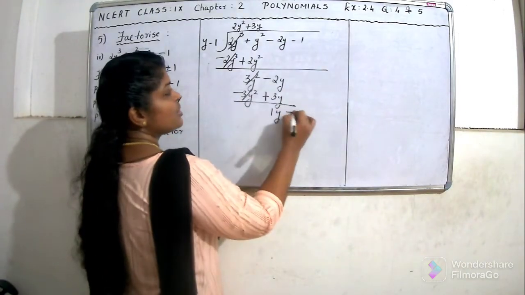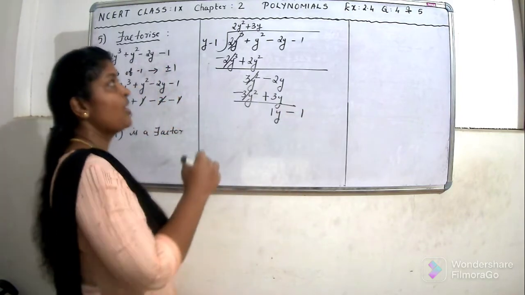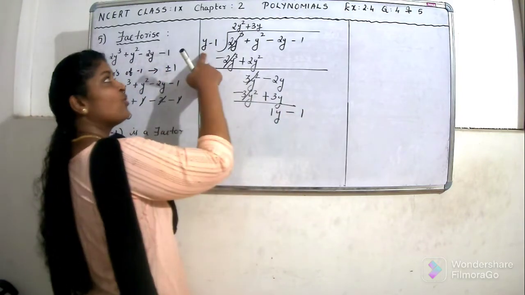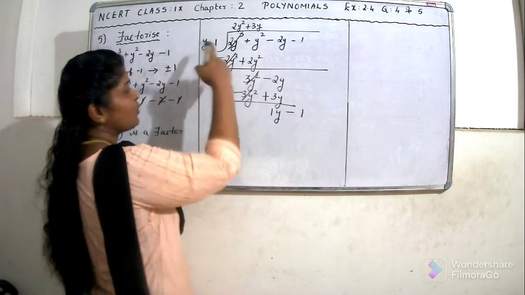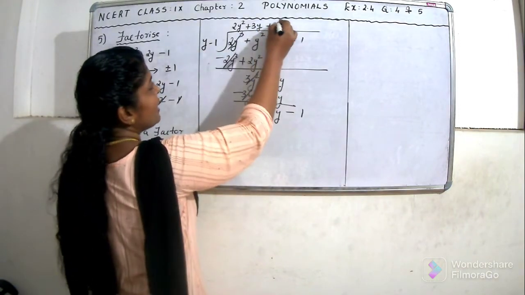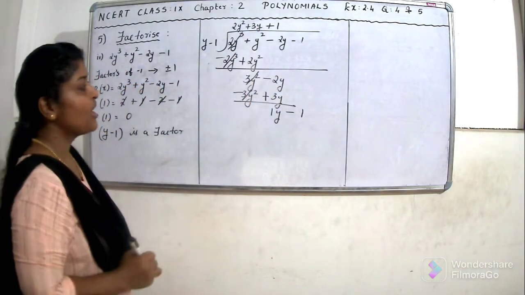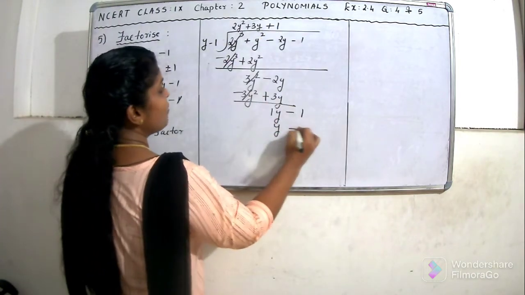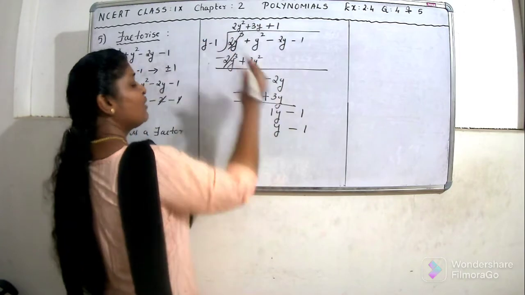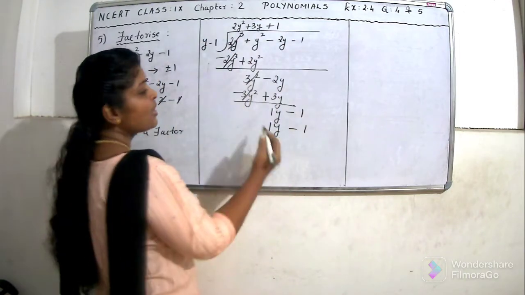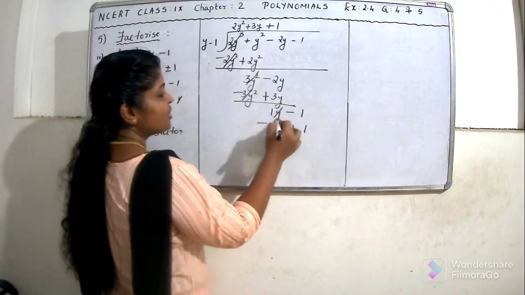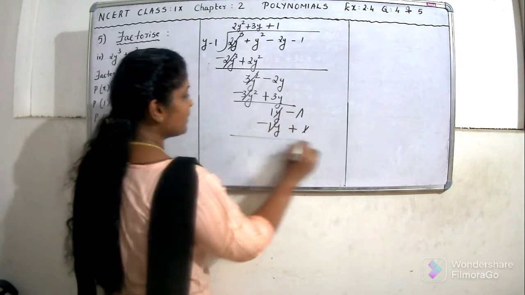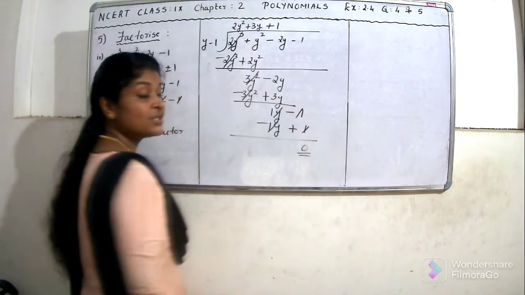Giving the chance to the next number. Okay. Now we have to get 1y. Here already 1y is there and that also positive. So here we have to take as 1. Okay. 1 we have to take. So 1 into this we will get y minus 1. 1 into 1y, that is 1y itself. Okay. Now subtraction, signs are changing. This 2 eliminated, this 2 eliminated. So the remainder is 0.